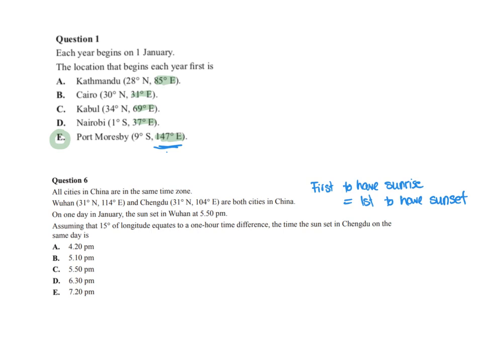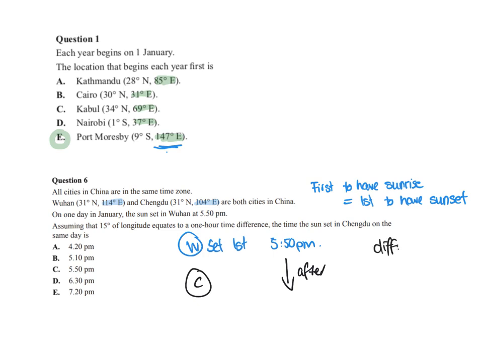So if we look at the longitudes, Wuhan is going to set first because it's got 114. And then you'll have Chengdu. So it said that Wuhan set at 5:50 p.m. So then Chengdu's going to come after that, okay? And we need to know what the difference is.